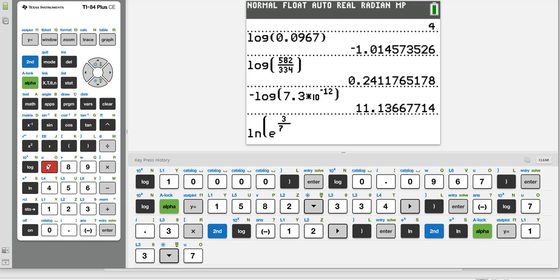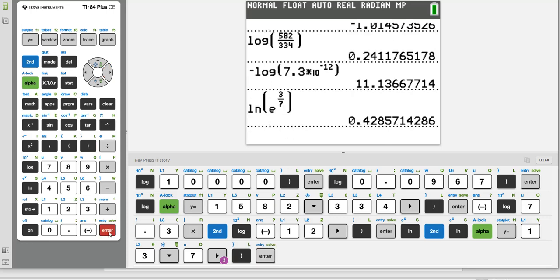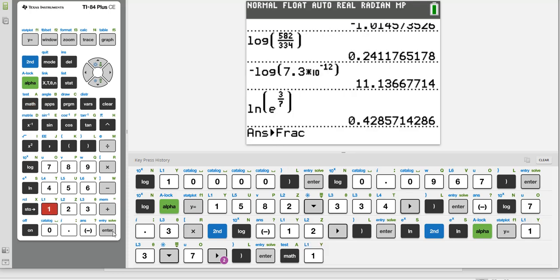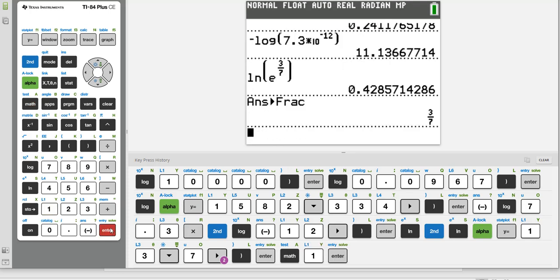Type in 7 and press the right arrow twice. Press close parentheses. Press enter. This gives us a decimal answer. Press math and number 1 to convert this to a fraction. Our answer is 3/7.